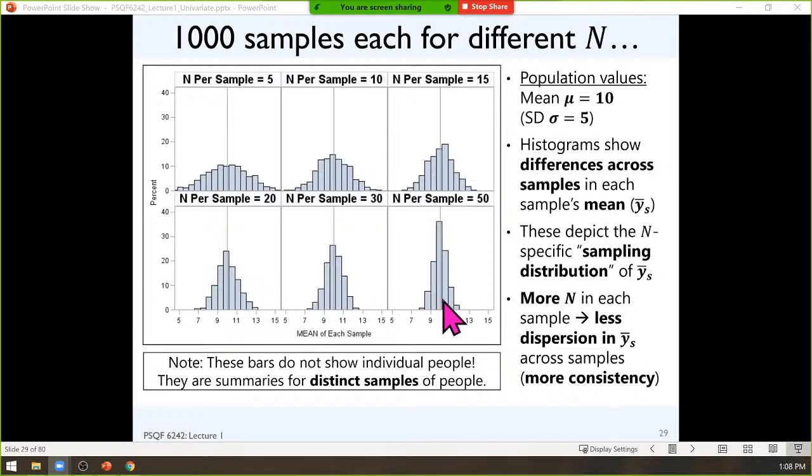So the more people that you have in your sample, the less wiggle there's going to be across samples in what the mean is. The less inconsistency, the more consistent of an answer your sample mean will be.